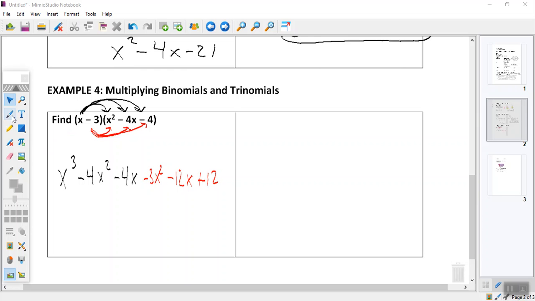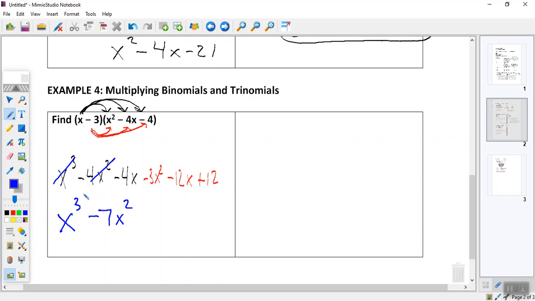All right, let's talk about combining terms. I see an x to the third. Are there any more x to the thirds at all? So this will be x to the third. Got that. I see a negative 4x squared. Any other x squareds up there? Yes. I've got negative 4x squared and negative 3x squared. So what I like to do is kind of cross these out.